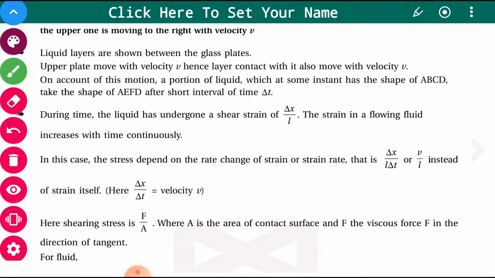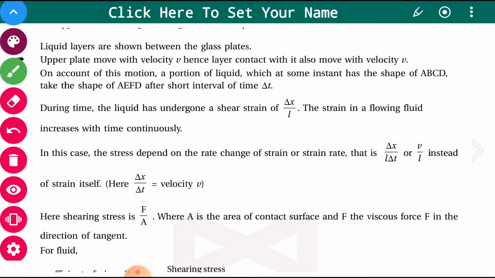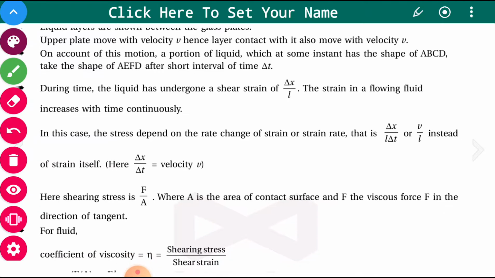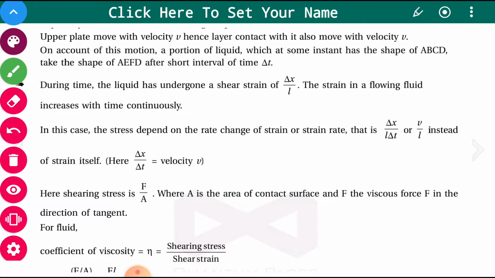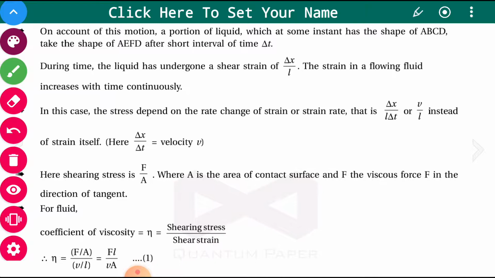The strain in the flowing fluid increases with time continuously, because this delta x is changing with respect to time as the fluid is moving, or the upper glass plate is moving. In this case, stress depends on the change of strain, or strain rate.